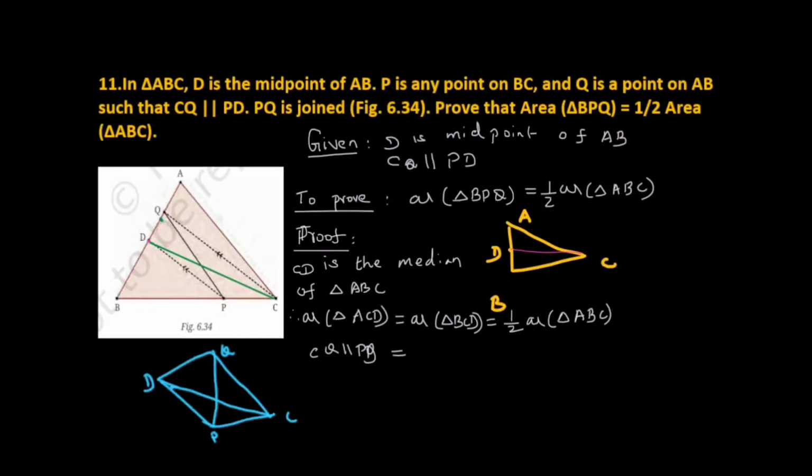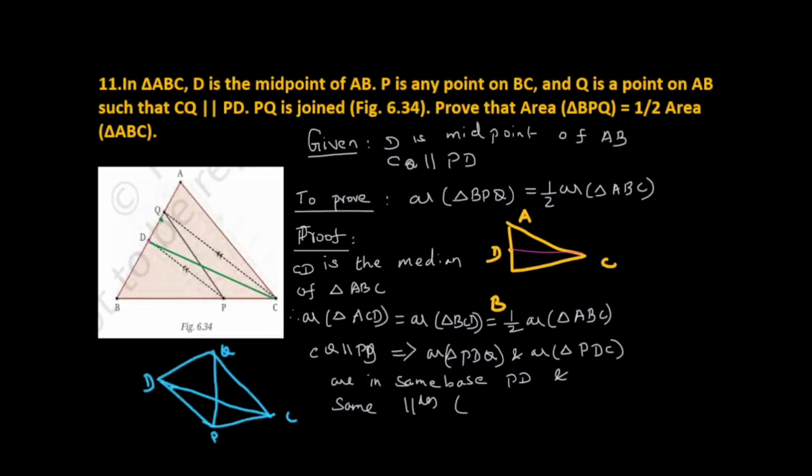So these are the two lines, which implies we can see two triangles, area of triangle PDQ and area of triangle PDC are on the same base PD and between the same parallels.